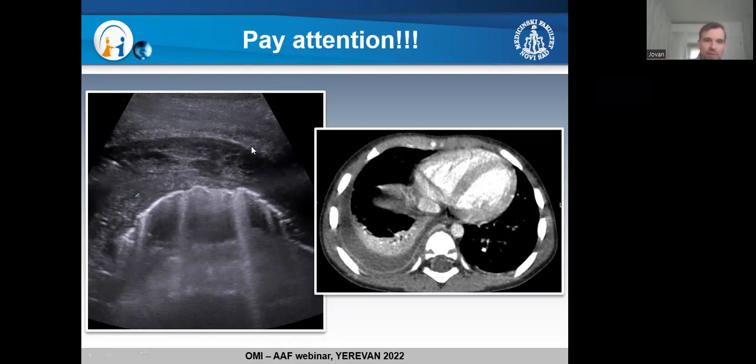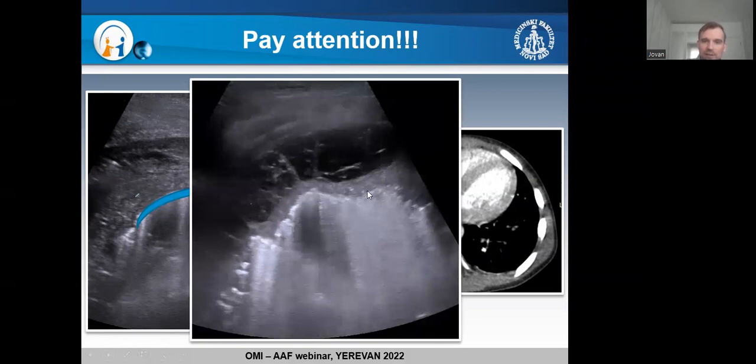So look at here, again, multiseptated pleural effusion. This is the lung parenchyma. And within the lung, you can see this white part of the white artifacts. And this is just an interface between the consolidated lung and the normal lung.